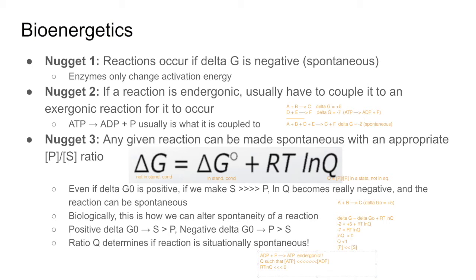And so as a result, we might end up making the delta G net overall negative as well. So let's look at examples on the next slide.